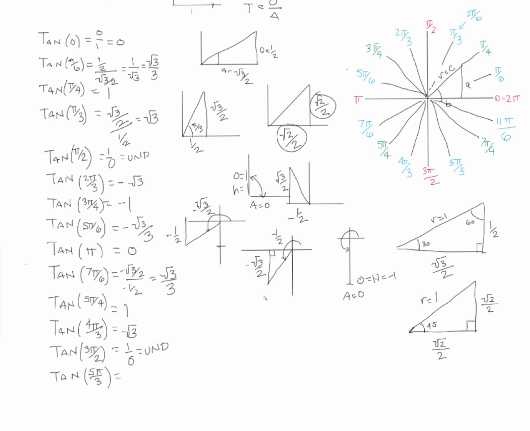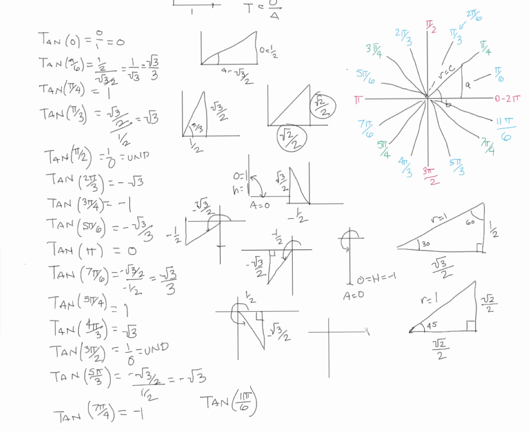So now we look at the tangent of 5 pi over 3, and once again, we draw a triangle here, and we've got negative root of 3 over 2 and 1/2. So that's going to give us negative root of 3 once we cancel the 2's. And tangent of 7 pi over 4 is negative 1.